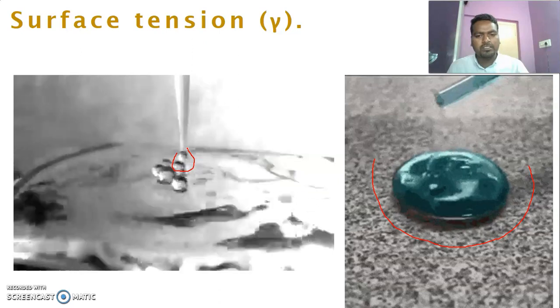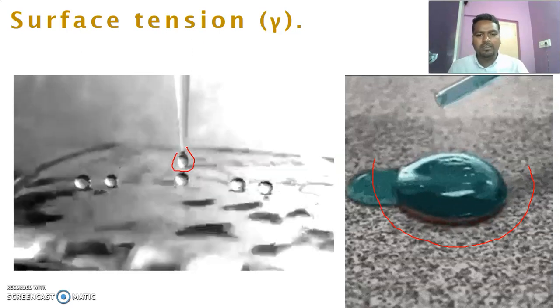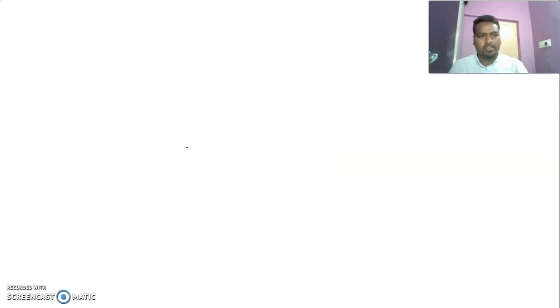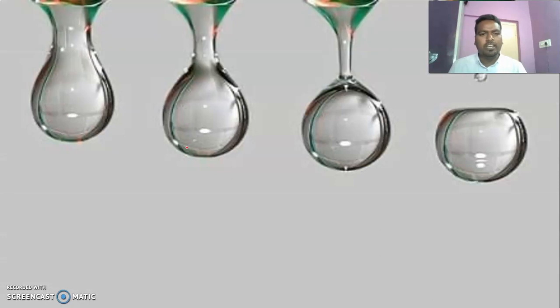The water drop is spherical. So why do these spherical drops occur? Why is a water drop a sphere? What is the force responsible for the spherical shape of the water?